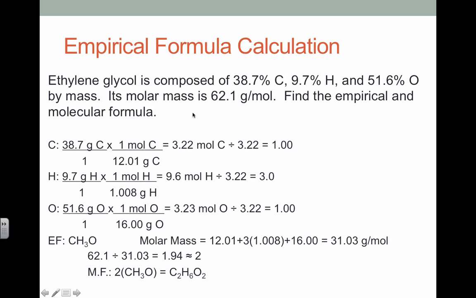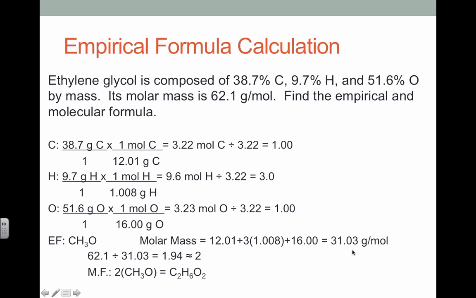Now, the molar mass of the molecule is 62.1. So now that we have the empirical formula, we can figure out the molar mass of the empirical one. So this is the molecular mass. What we have here is the empirical mass. So 12.01 plus 3 times the mass of H plus 16.